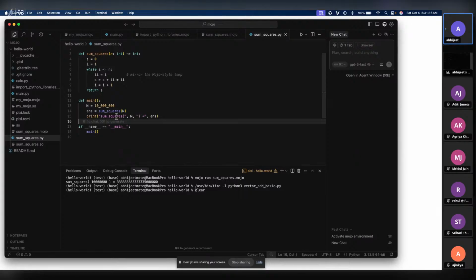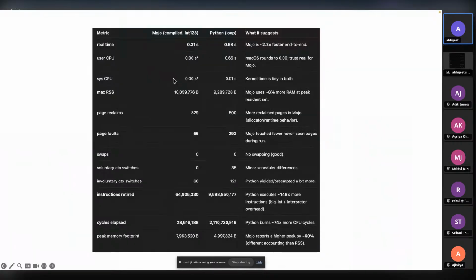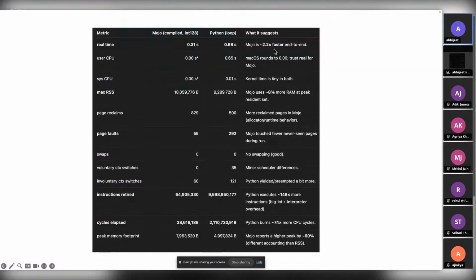When we run this and look at the performance, you can see Mojo is almost 2.2 times faster. It uses less CPU, with fewer page reclaims.